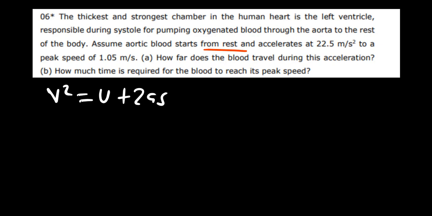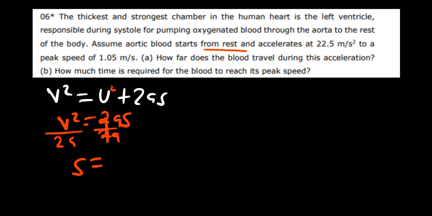So v squared is equal to 2as. And if you're going to find how far, which is the distance, you're going to divide by 2a on both sides. So the distance will just be v squared over 2a. The v you've been given, it accelerates to a peak speed of that.